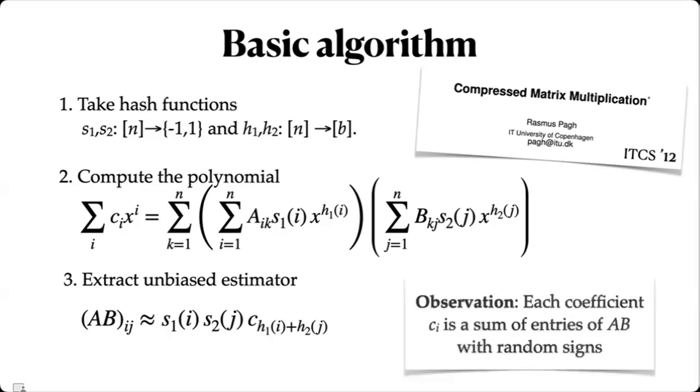I forgot to mention that each coefficient here is a sum of entries of A and B with random signs. This is because we have an outer product here: every combination of some entry of A and some entry of B, because they share the same value k, is going to be part of the matrix product AB.